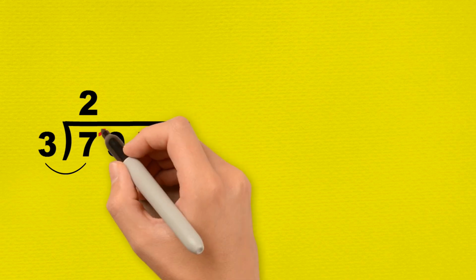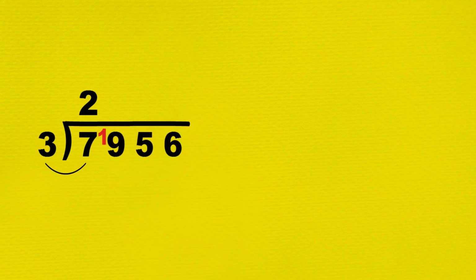3 goes into 7 2 times, and there will be 1 left over, since 7 equals 2 lots of 3 plus 1. The 2 is written on top of the line above the 7, and the leftover 1 is put in front of the 9 to make it 19.